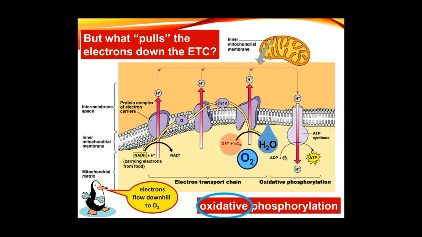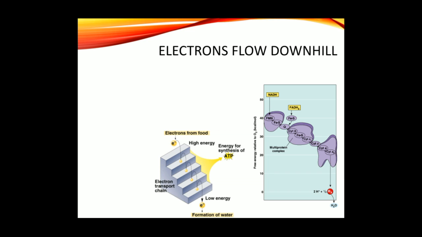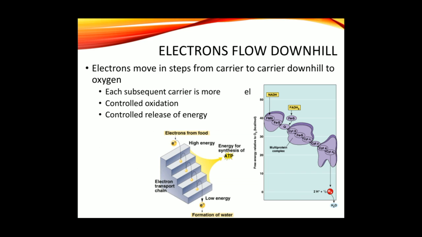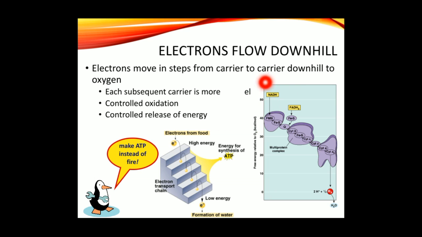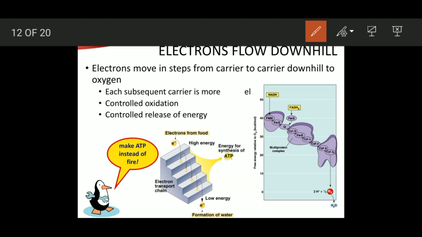Now let's move on. Now let's see the electron flow downhill. This is nothing but a sequence of the electron chain here. As you can see, the electron released from the NADH is carried from one complex to another complex and finally converted into a water molecule. The electrons are passed from one complex to another through a series of prosthetic groups and proteins in the complex, and thus finally form a water molecule.